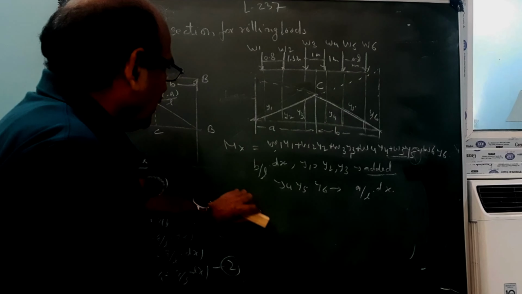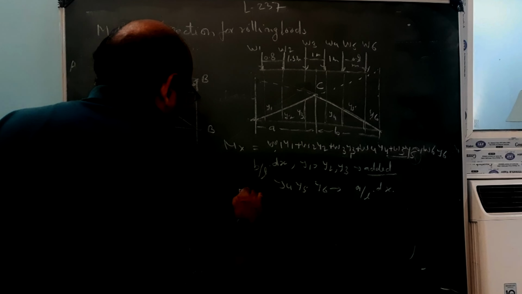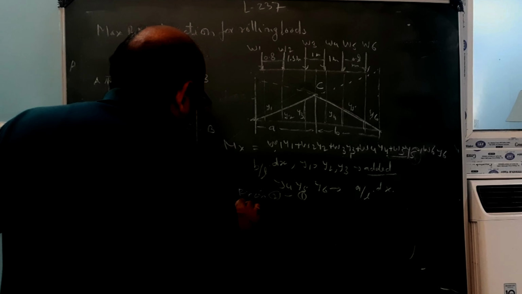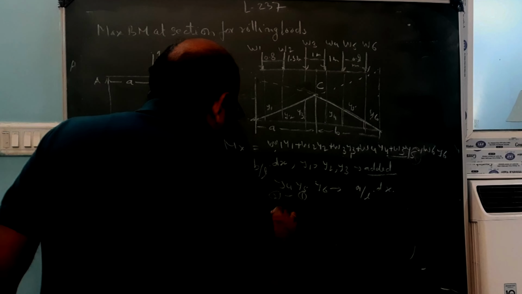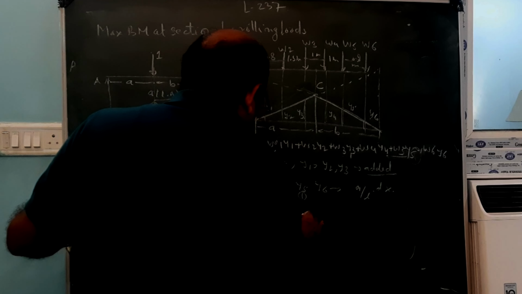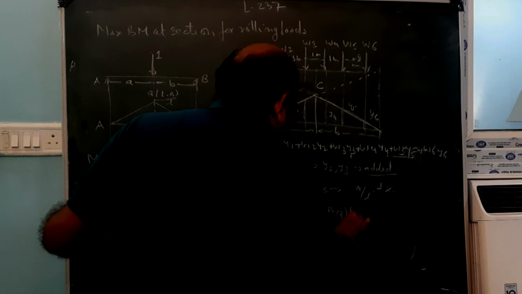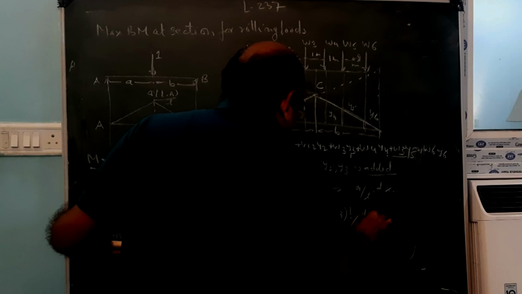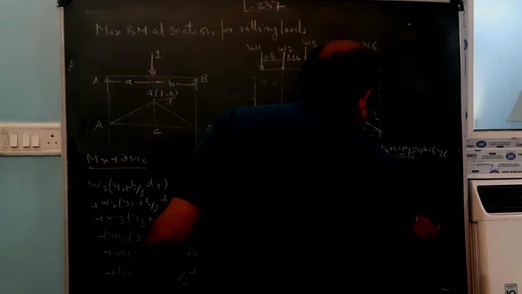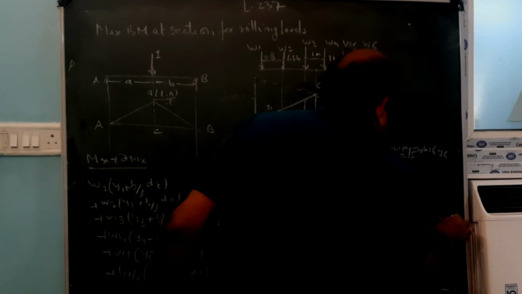And if you deduct this mx dx minus, this is equation 2, from 2 to 1 we'll get dmx equals to your w1 plus w2 plus w3 b by l into dx minus w4, 5, 6 into a by l. This will be into dx.